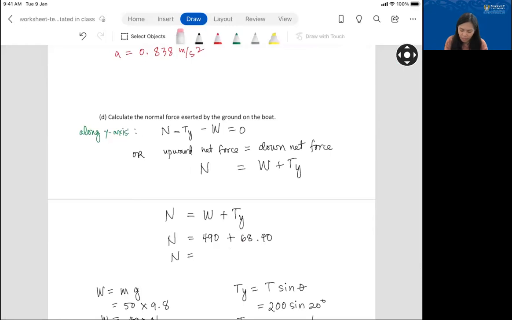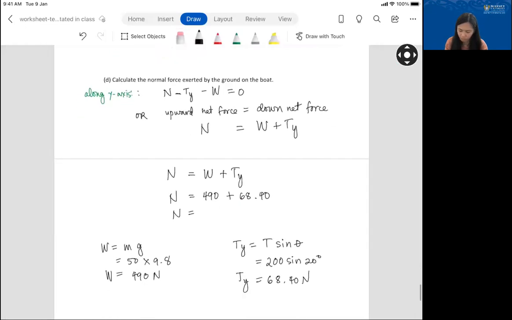So we have to add instead of subtract. Yeah, 558.4 newtons, or just 558.